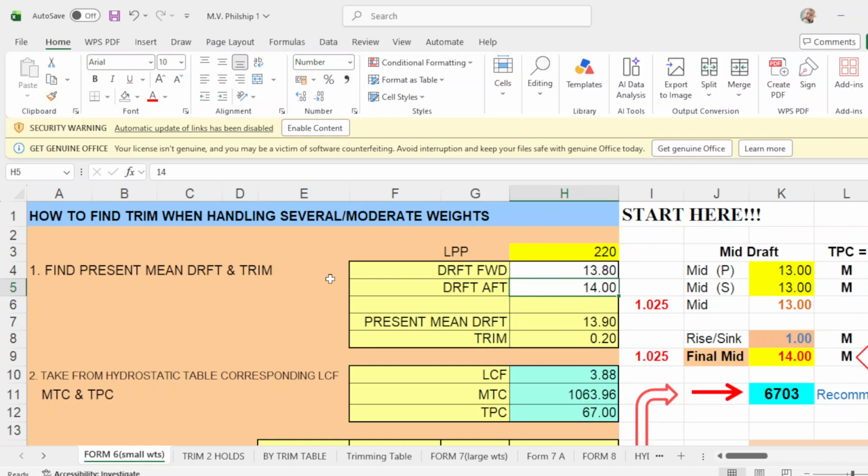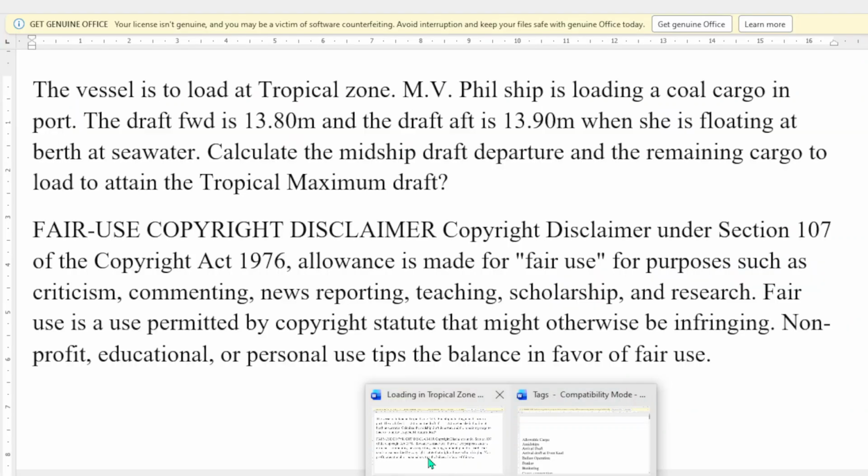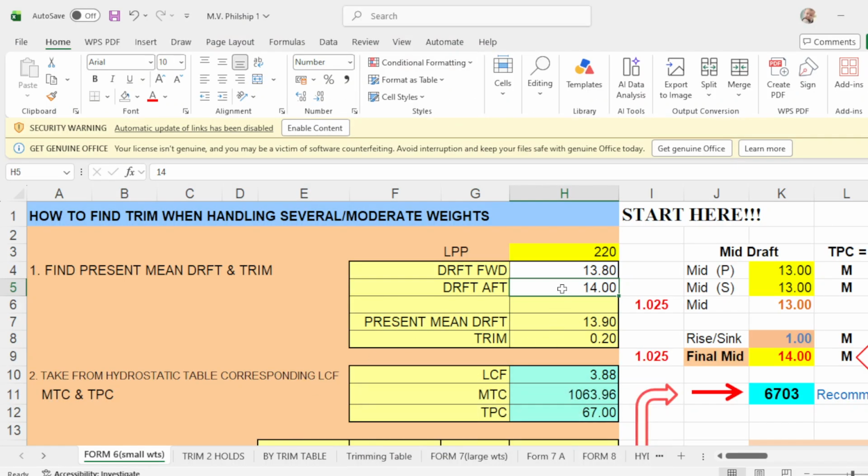By the way, this is the program that we're going to use for trimming. And the aft draft is how much? The aft draft is 13.90. So your mean draft is 13.85 and trim is 10 centimeters. This is the LCF, MTC, and TPC.